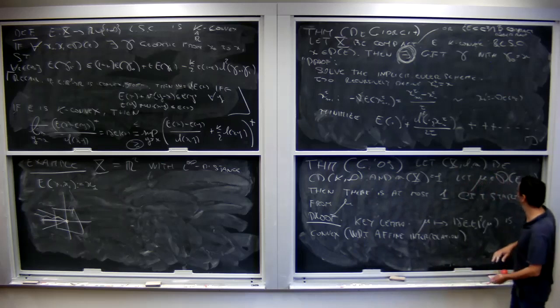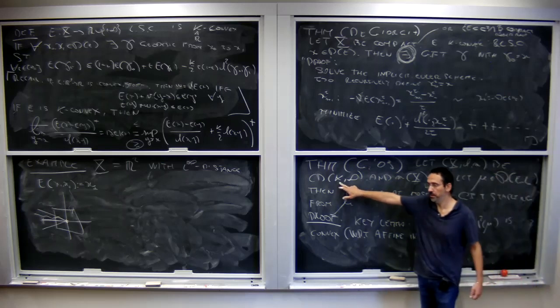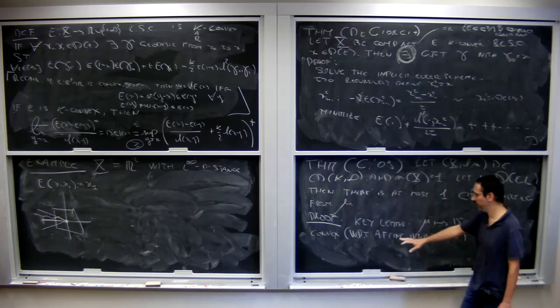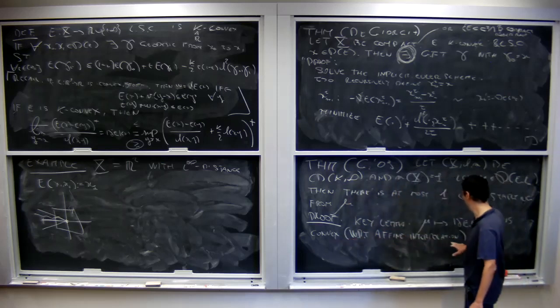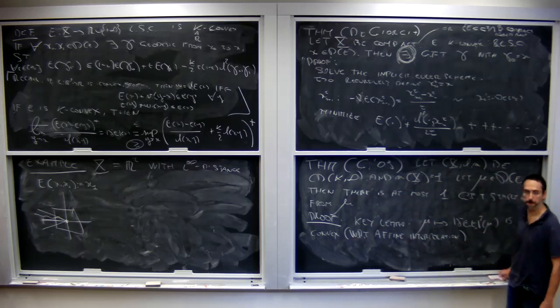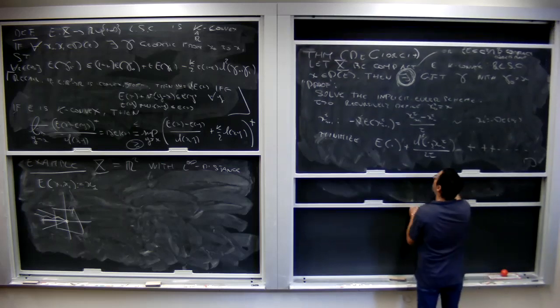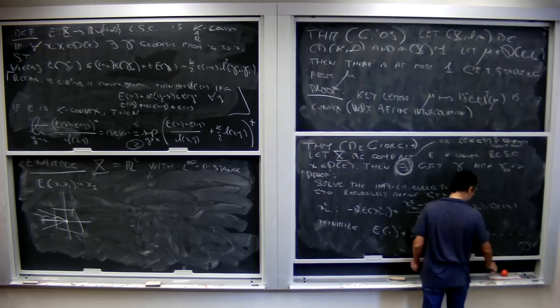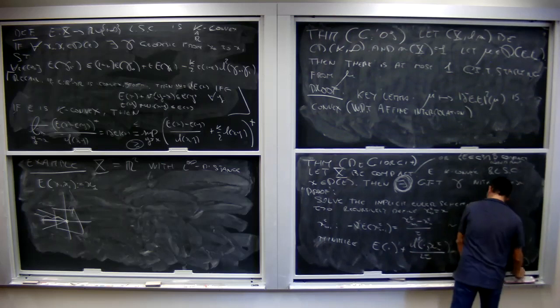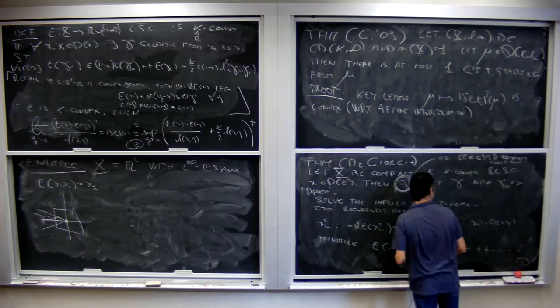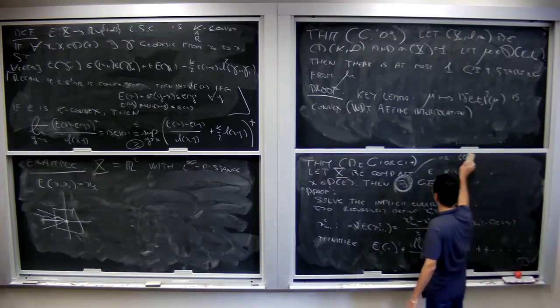The K-convexity of the relative entropy allows us to conclude this convexity, K is lost here, just convexity of this guy. If you have this, then the conclusion is easy. I will not prove that lemma, but if you have that, one can conclude as follows.